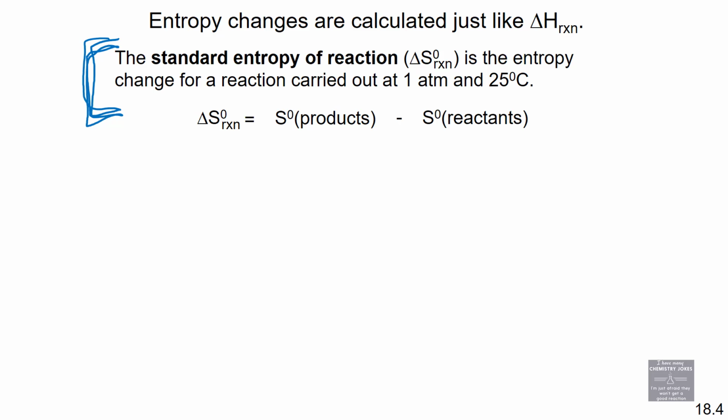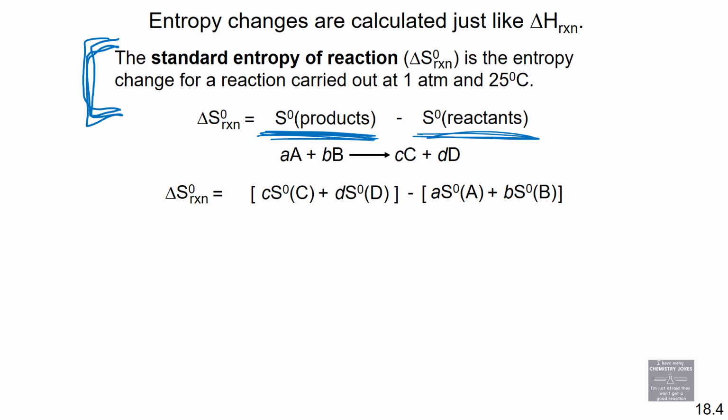Delta S calculations are just like delta H calculations: it's the sum of the entropies of the products multiplied by their coefficients, minus the sum of entropies of the reactants multiplied by their coefficients. So as we often do, we'll give you a standard equation, A plus B with these coefficients yields C plus D with those coefficients.